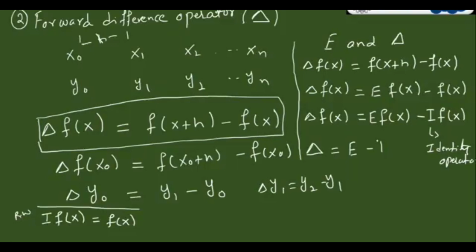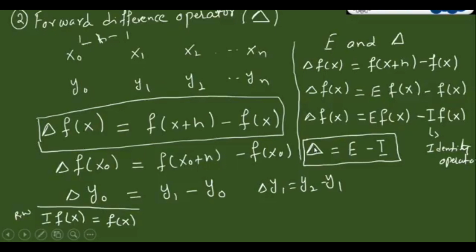Sometimes in books you can find 1 written instead of I, because I told you the identity operator works just like multiplying with positive 1. So that's not something to be confused about. Del, the forward difference operator, is equal to the shift operator minus the identity operator. This is what you have to keep. So only the boxes are important. This is the definition of the forward difference operator, and this is the relation with the shift operator.